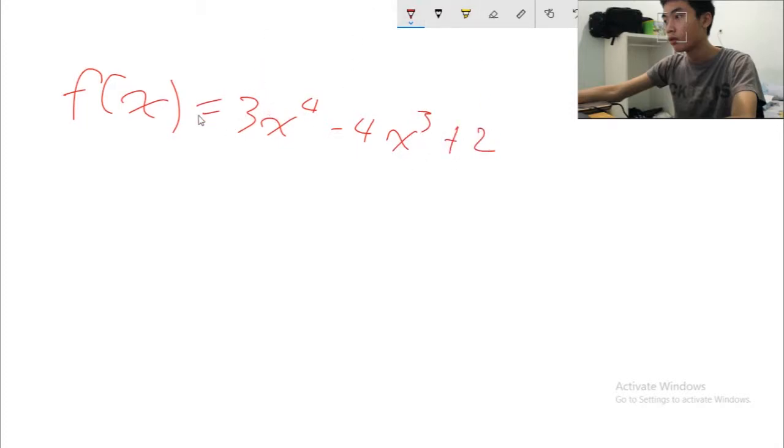Now, for example, if you want to find the maximum and minimum point for the graph, you first must make sure that the equation that derives from this must result in 0, which means we're going to manipulate the number x.